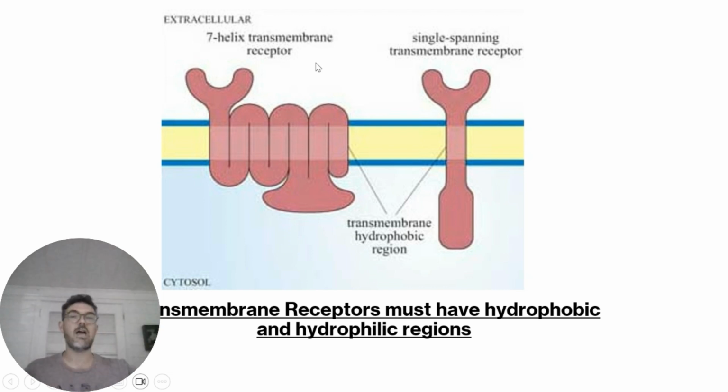That means the amino acids in this part of the chain are hydrophilic, and the amino acids in this part of the chain are hydrophobic, and therefore it folds and tucks neatly into the membrane. The receptor binding portion that binds to the ligand is out here, and that causes a conformational change that initiates an intracellular response inside.